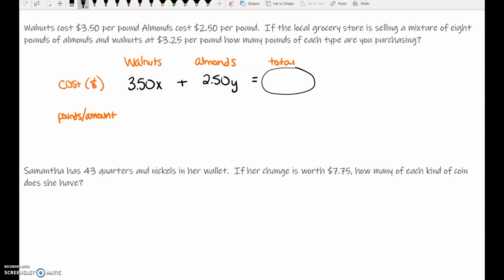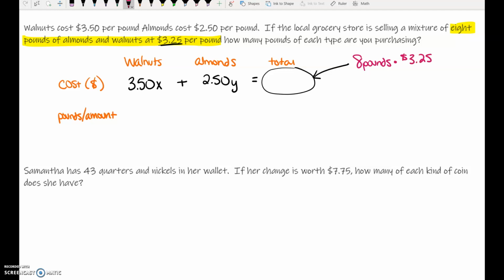Because the other cost number I see is $3.25. Would it make sense for that to be $3.25? No. But they're saying $3.25 for 8 pounds of almonds and walnuts at $3.25 per pound. So we need to do 8 pounds times $3.25 per pound.